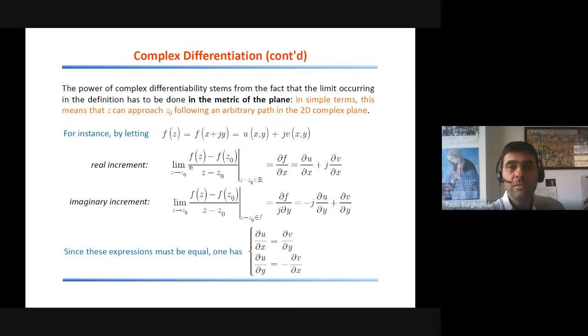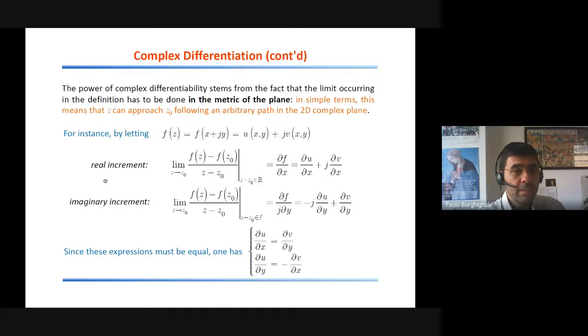Your increment will be real, so you are basically performing a partial derivative with respect to x. If you do this on the function f, what you get is the partial derivative of u with respect to x plus j times the partial derivative of v with respect to x. And this is one possible form for the complex derivative of the function f.